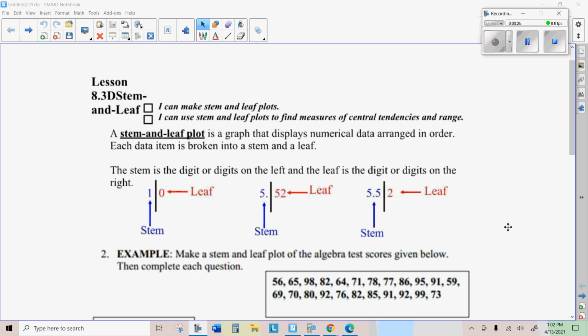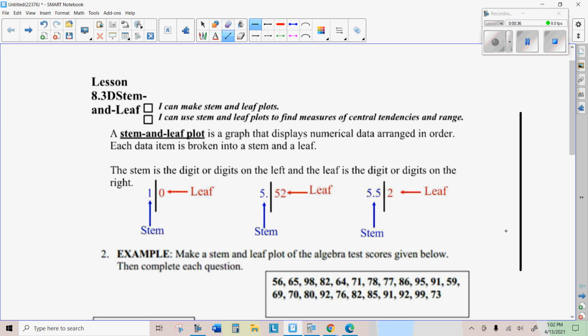Here's how you do it. You draw a straight line. Then on one side of the line, you put the beginning number of a set of data.